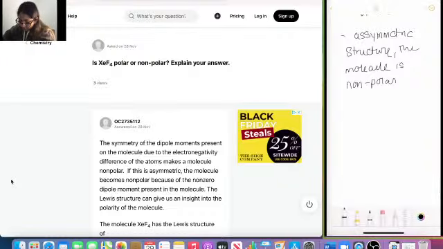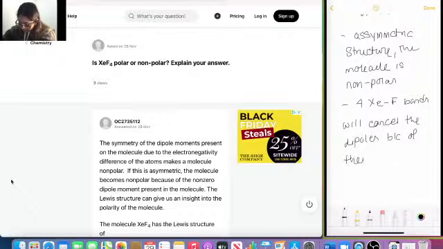Okay, and so what we say here is the 4 Xe-F bonds will cancel the dipole because of their planar form.